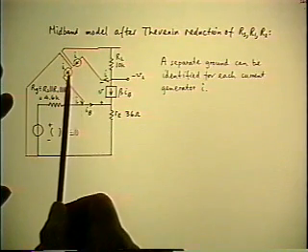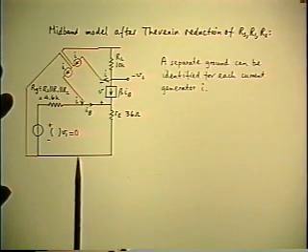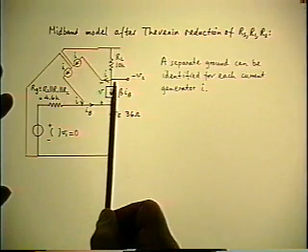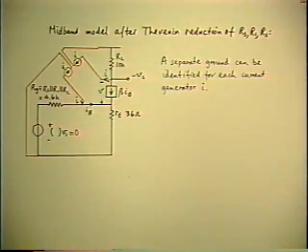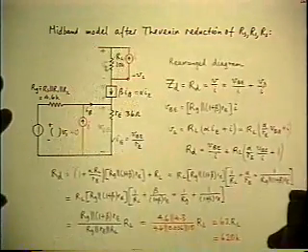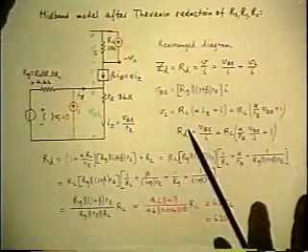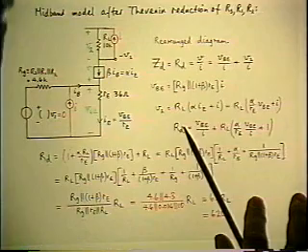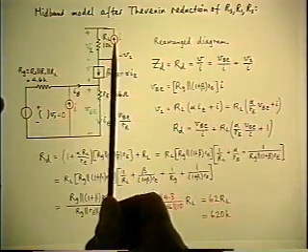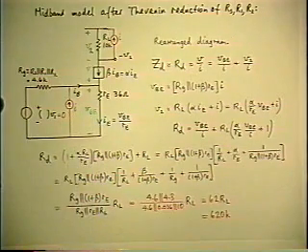But now this current generator is effectively in parallel between base and ground, and this current generator is effectively in parallel with RL. So without changing the topology at all, I can draw them that way. Here are the two generators placed directly across the relevant nodes. Still nothing is any different.